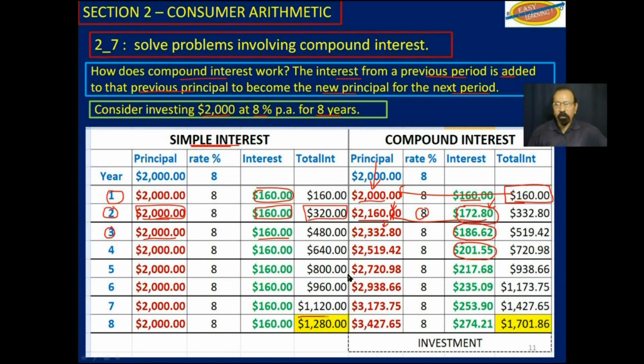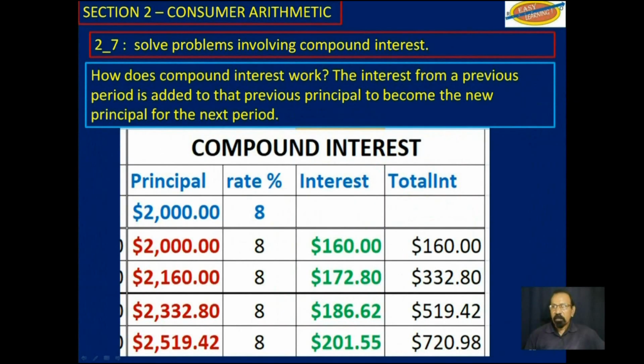Notice over here, if you are dealing with simple interest, your total interest will be $1,280. Whereas if you do the same setup, but this time compound interest calculated annually, you have $1,701.86. So you have some more money. So let's look a little more detail in this, just in case you didn't get it the first time.